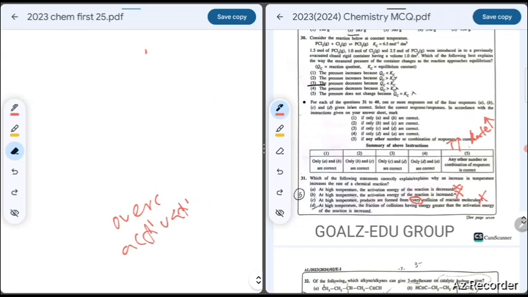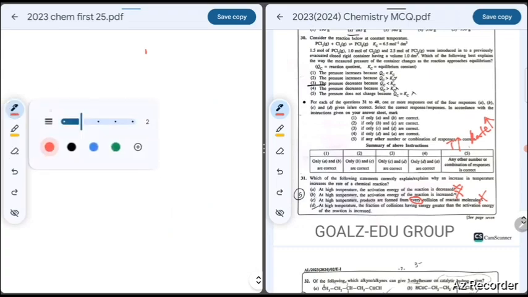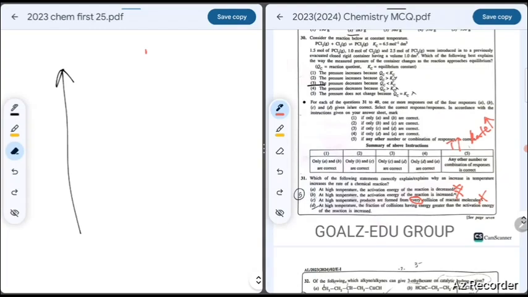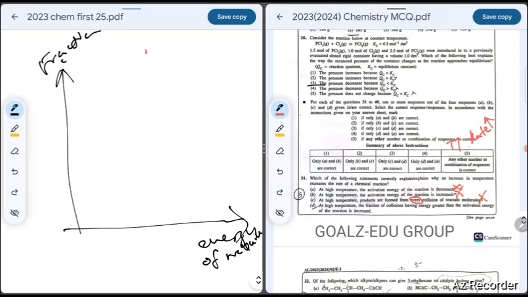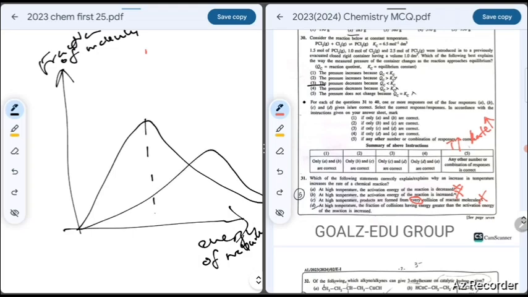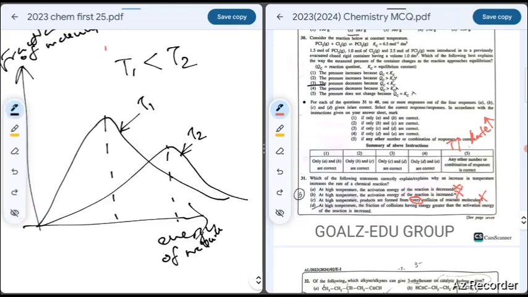Here, if we plot a graph of the energy of the molecules against the fraction of molecules, like this, this is at T1, this is at T2, and T1 is greater than T2, which means at high temperature, what should happen?